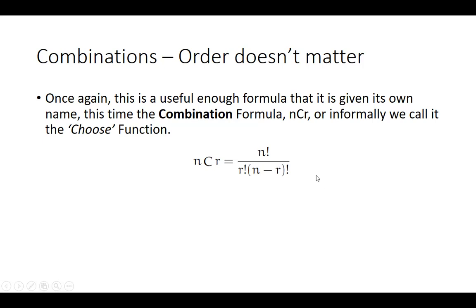And again, there is a button on the calculator under the probability menu that will do this for you. But if you don't have that calculator with the special option, or if you just want to do all of the intermediate calculations, that's fine. The formula will get you the right answer.